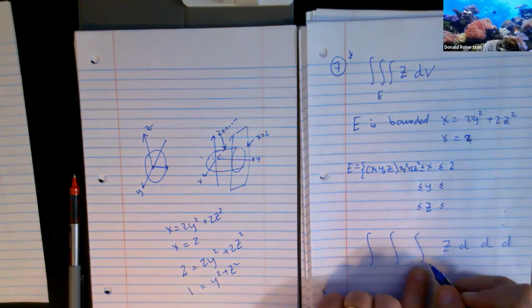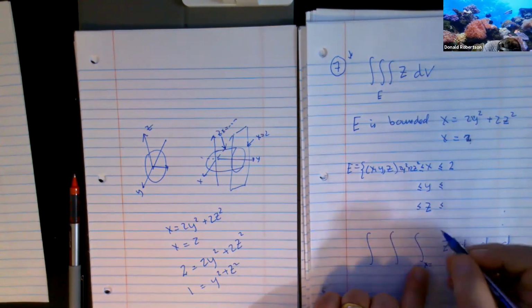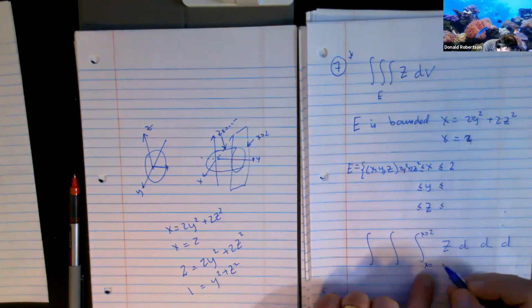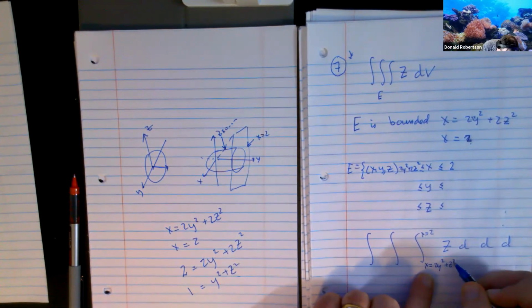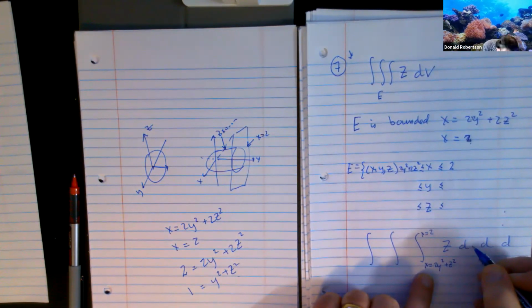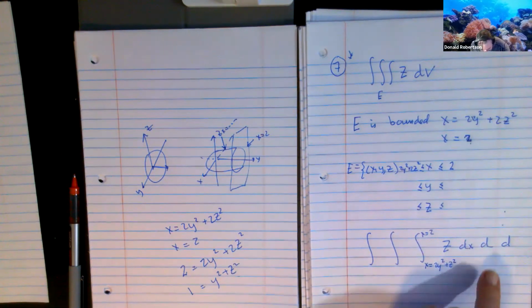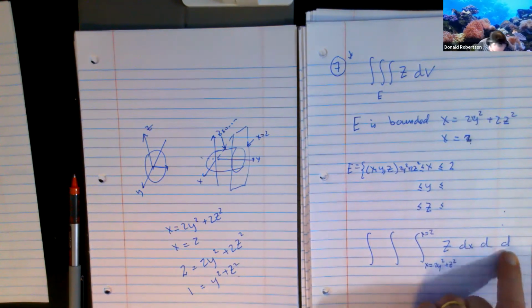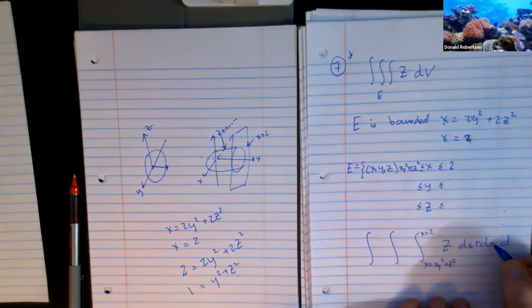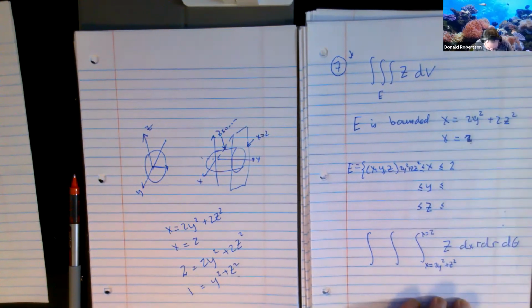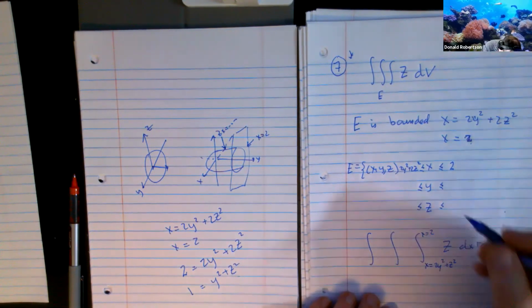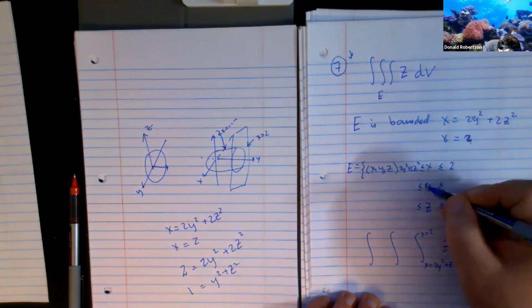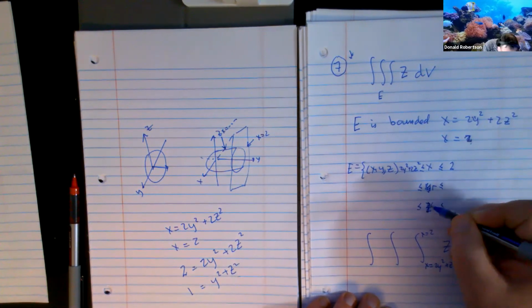But let's put the fellas in first. X goes from 2 to 2y squared plus 2z squared with a dx. And my dy and my dz are going to become r dr d theta. So technically, this is going to become an r, and this is going to become a theta now.